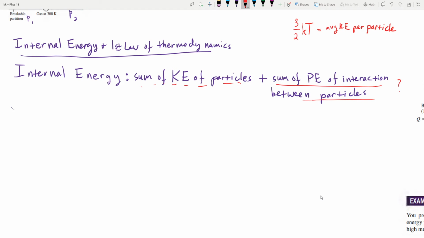So instead, what we can say is let's ignore these two things that make up what we call a microscopic explanation of what internal energy is.